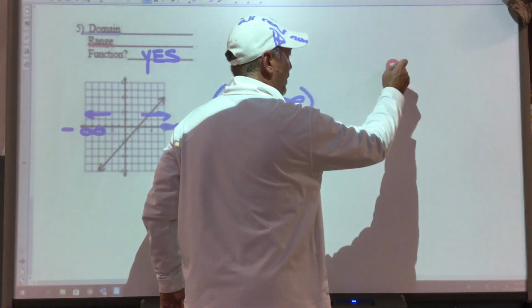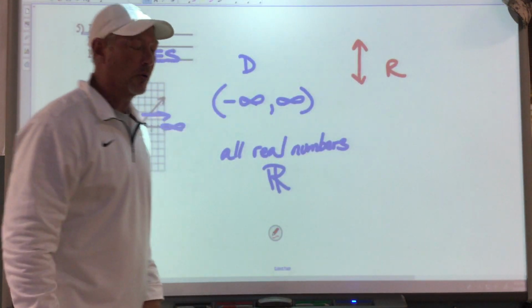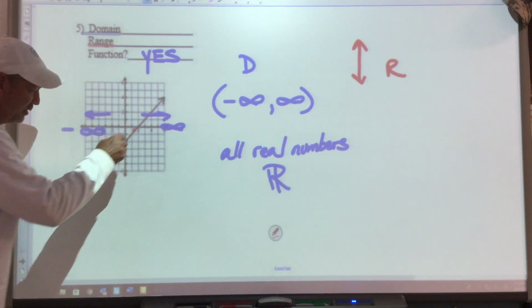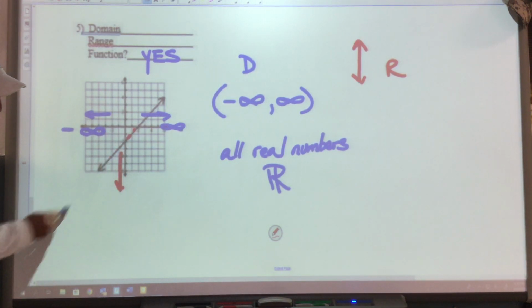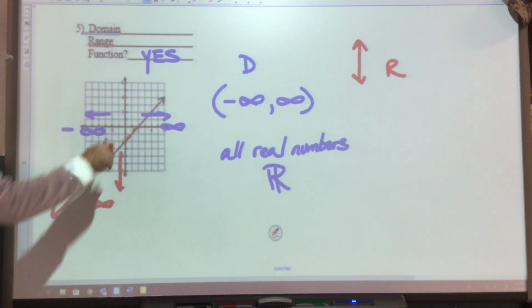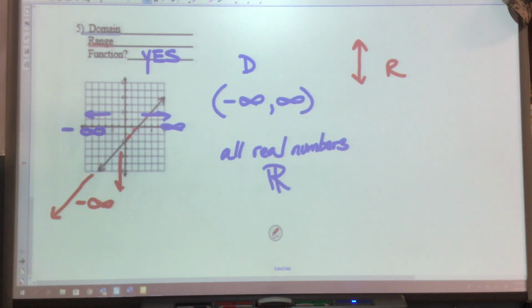Okay? My range on this problem. Remember, range tells you how high and how low you go. This graph is at an angle, but it's going to continue going down, lower and lower and lower. And so that would be infinity. But what kind of numbers go down? Negative numbers go down.